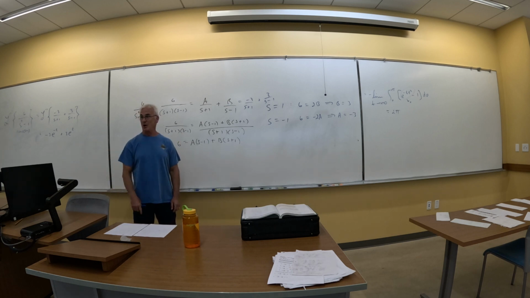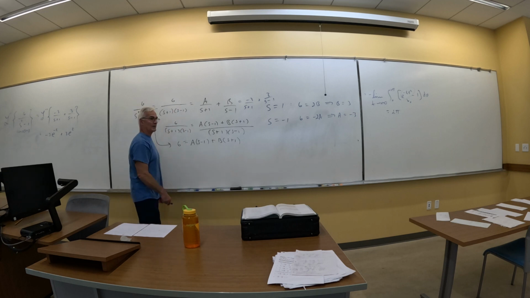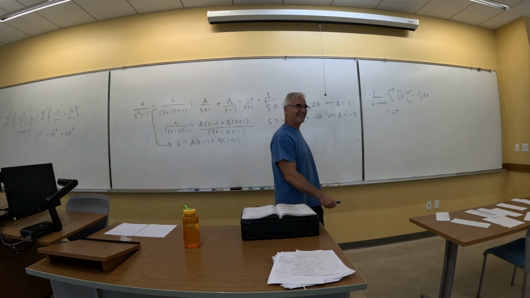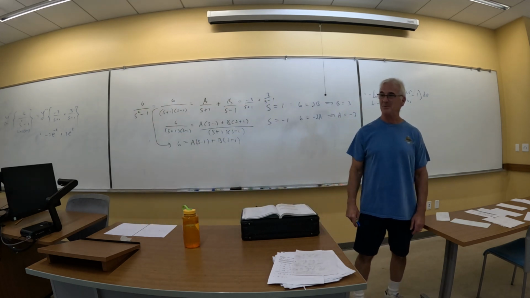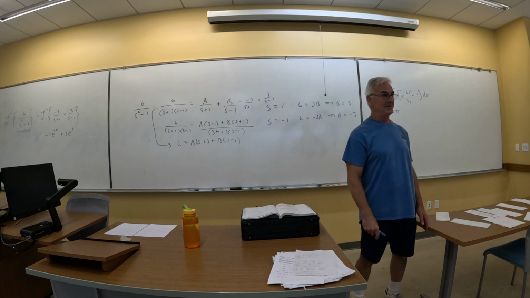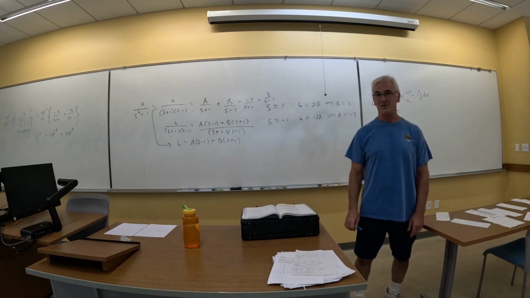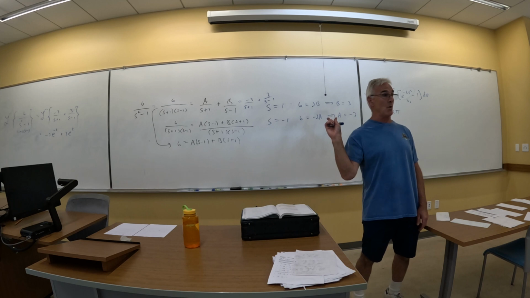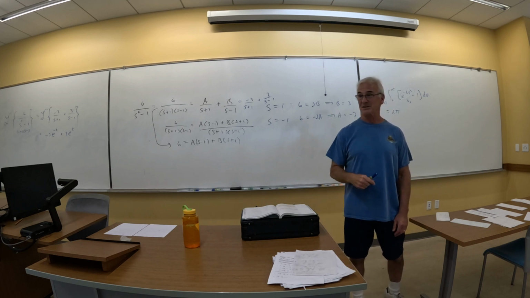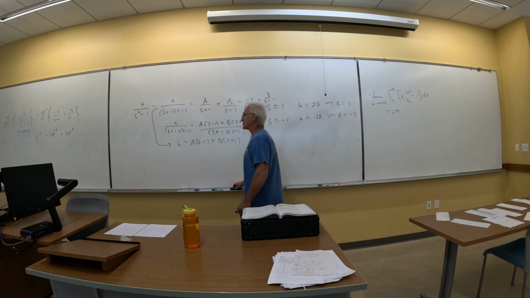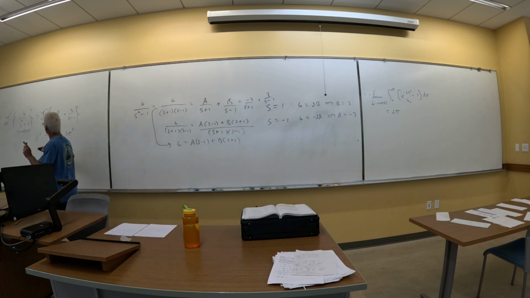If I put exponents on there, let's say I put a 2 and a 3 on there. Do you realize how many steps would be involved? You'd have 5 equations and 5 unknowns, and doing this won't work because some of them turn out to be 0. So I'm going to show you a better way, but we need to exhaust all the other possibilities first.